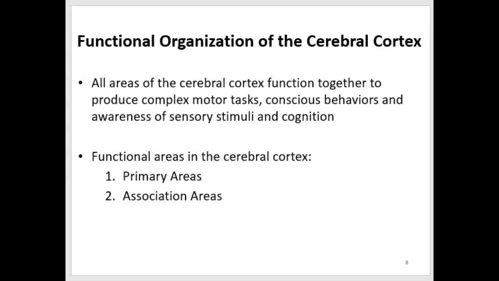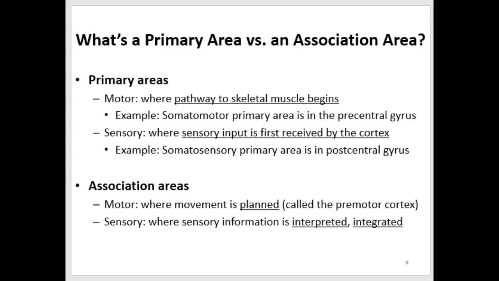But we can divide these various regions based on their role. Okay, so a functional way to separate regions of the cerebral cortex would be based on whether it's a primary area or an association area dealing with a certain function. So we're going to talk about what's the difference between a primary area and an association area next.